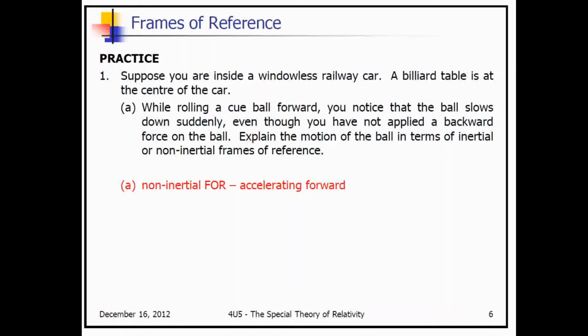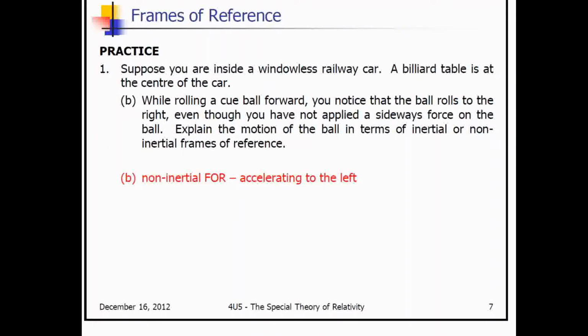And in absence of a force that you can see being applied to it, that force could be due to a change in acceleration. So in this case, the train changes its acceleration. It starts accelerating forward, which causes a backward force on everything that is inside that frame of reference. And that's what's causing the ball to slow down.